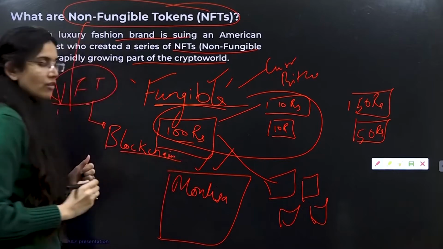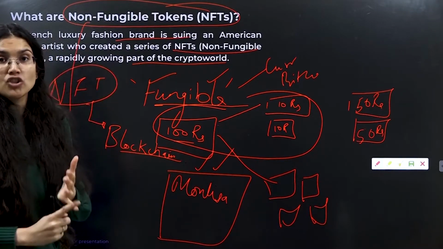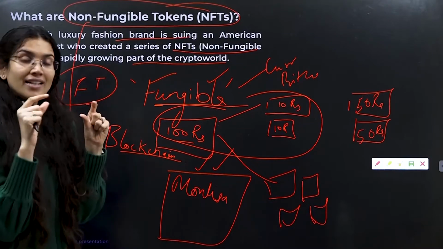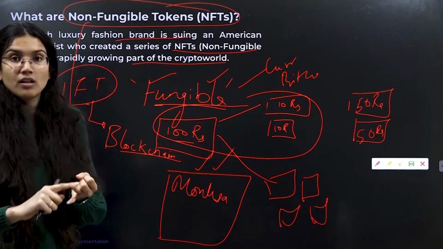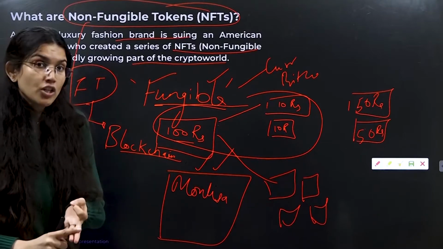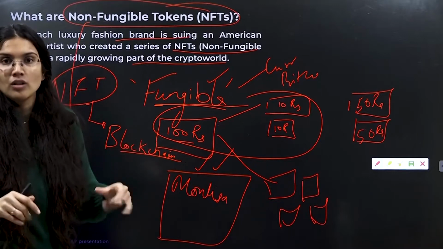Now, if you remember, with blockchain you get unique identification. Every piece of data that is entered in the blockchain is unique. It cannot be copied. If any change is made to it, it is known to everybody present in that particular transaction, right?